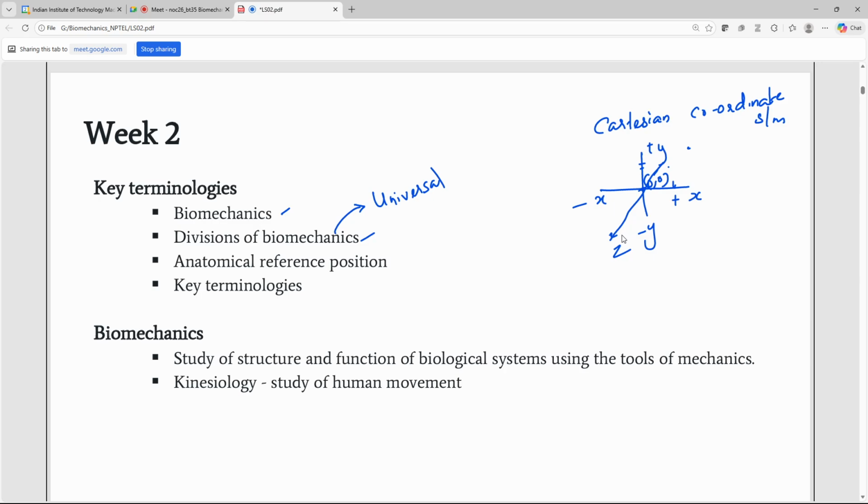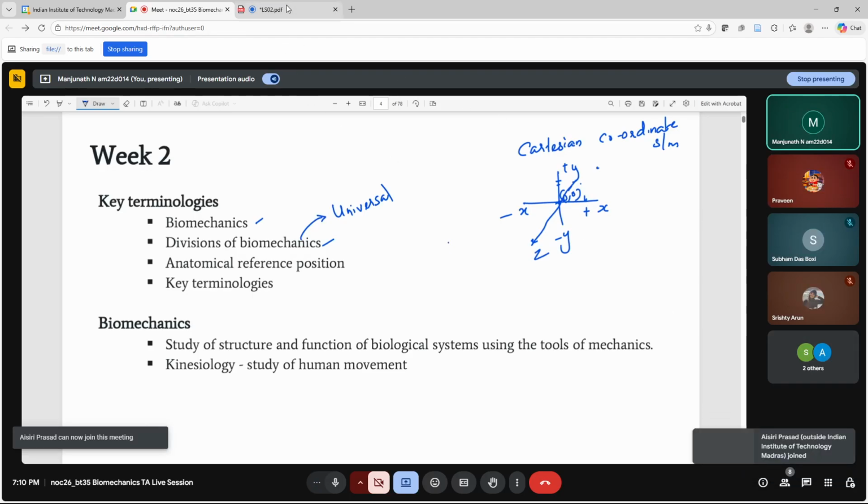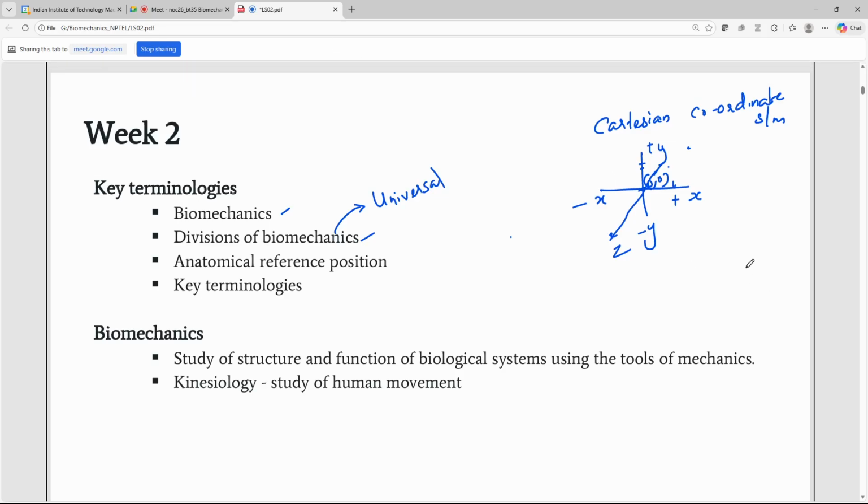Suppose we are thinking of a human arm, then we can take the shoulder joint as a universal reference point, and all other limbs or bones or muscles can be fixed with local frames. So there should be one universal frame, and with respect to that, we can create multiple local frames also. Actually, it's not just frame; it's called frames of reference (FOR).